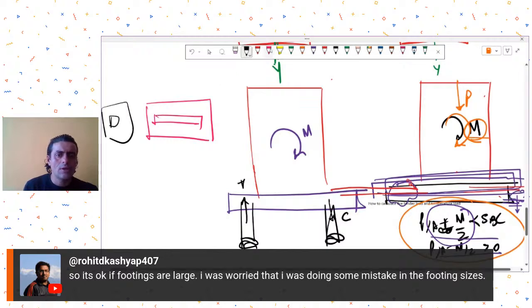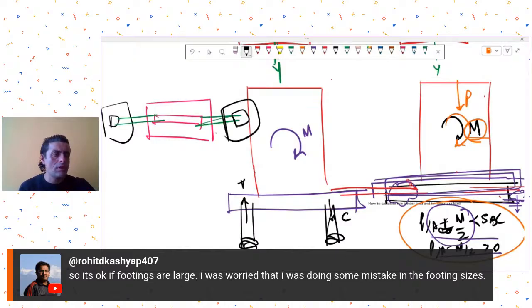You can think of tying it up by tie beams in order to distribute the moment that is coming from the columns and shear walls. Okay, so providing tie beams is also a good option. Tie beams at footing bottom level.